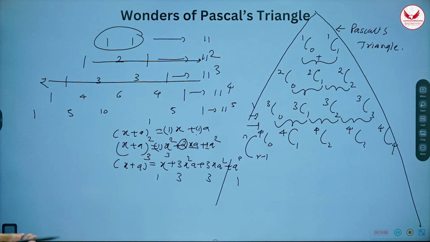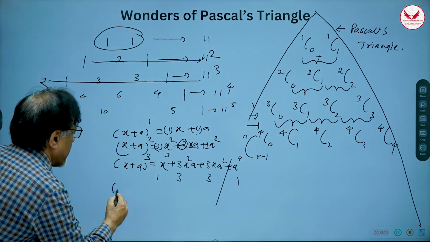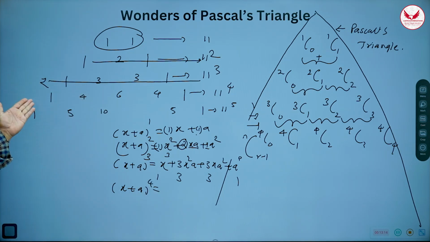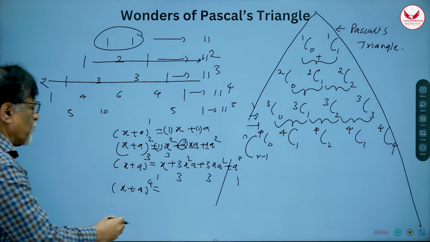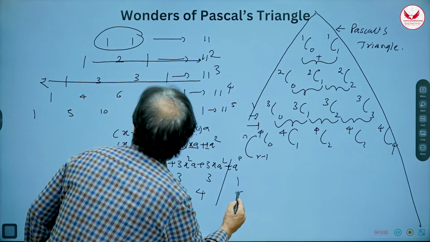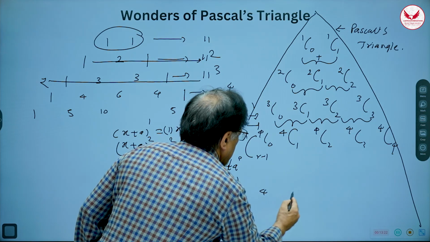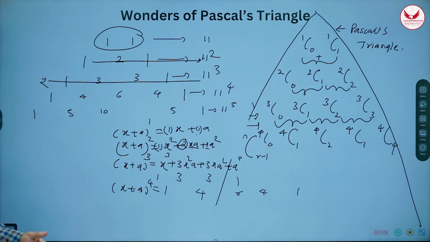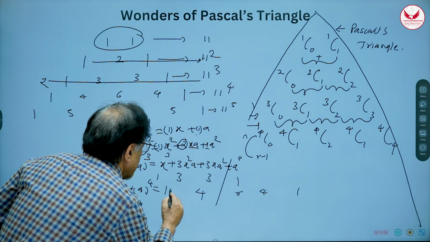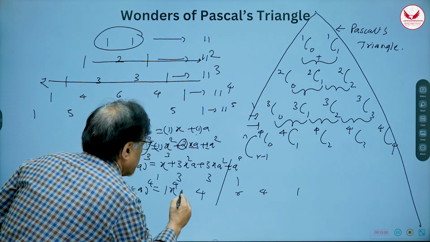So, it goes without saying that if I want to expand x plus a raised to 4, I know the coefficients are already there. The first coefficient is 1, second coefficient is 4, third coefficient is 6, next coefficient is 4, and last coefficient is 1. All I have to do is supply the powers of x and a. So, it will start from x raised to 4.